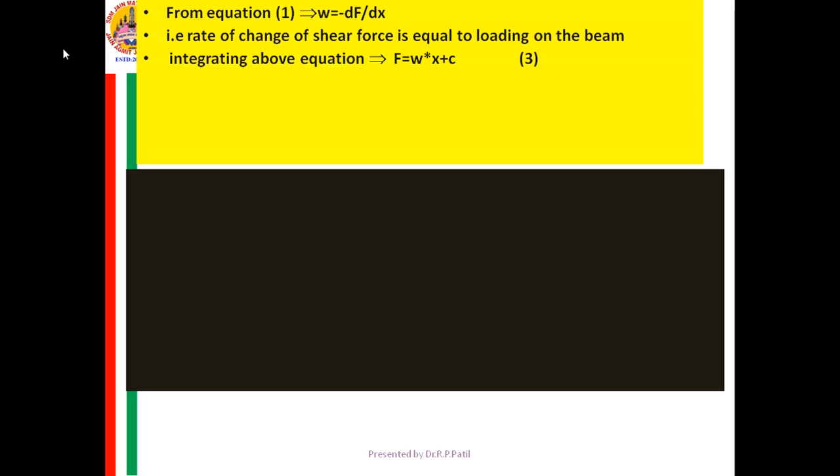Like that, if load is a linear function of x, like W is equal to Ax, just imagine what may be the value of F. That time F will become Ax square plus C. That time, if you draw F versus x, how will it appear?